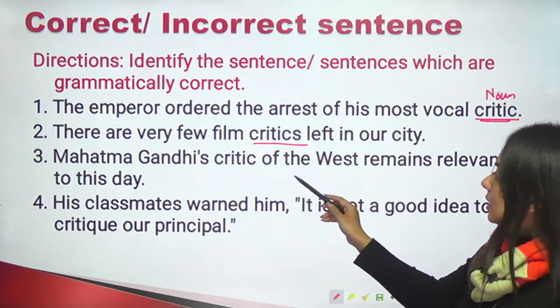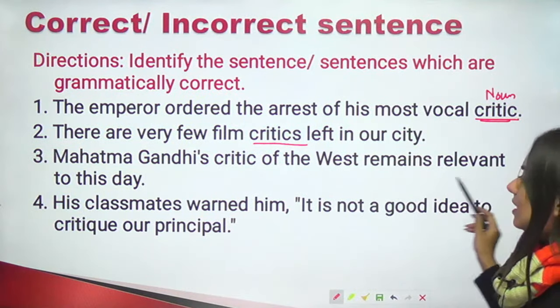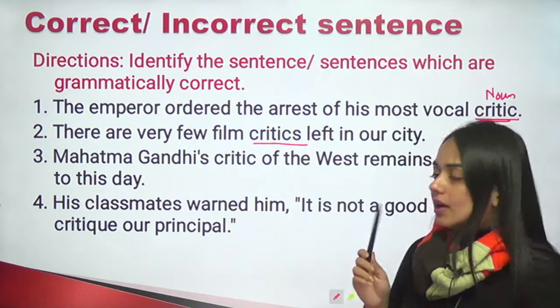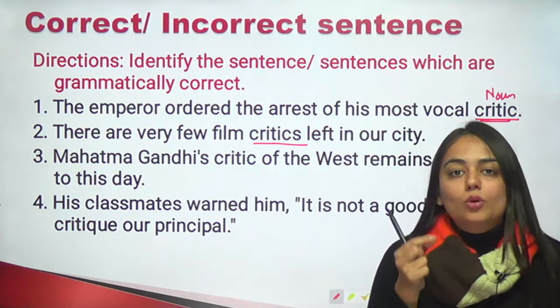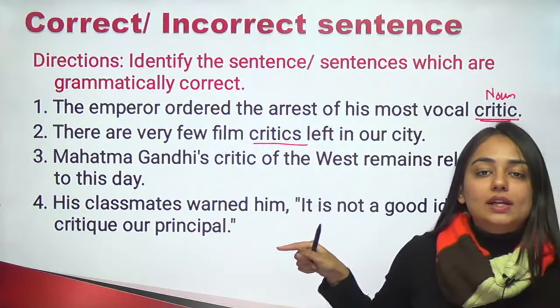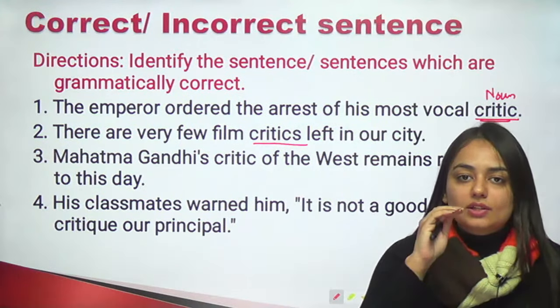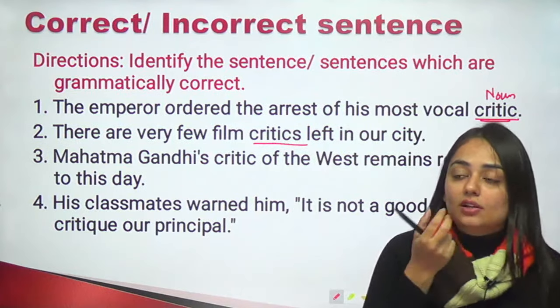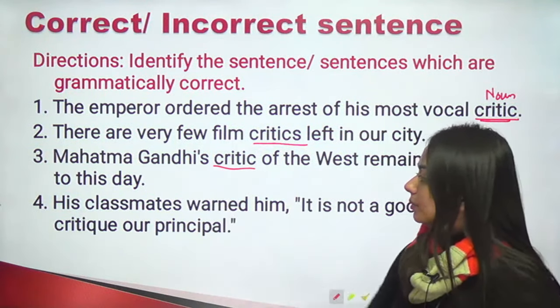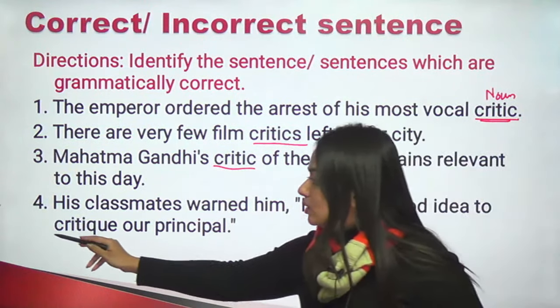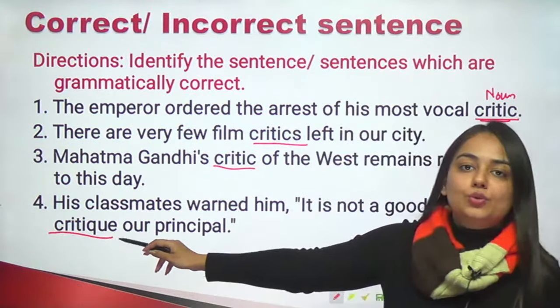Mahatma Gandhi's critique of West remains relevant to this day. We have to understand this thing. A common word, a homonym has been used in all the four sentences, which is critique. But one critique is not used appropriately here, and it is this one. So two critiques are being used here. The other one is this one, CRITIQUE.